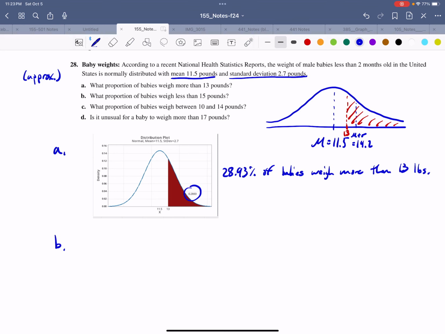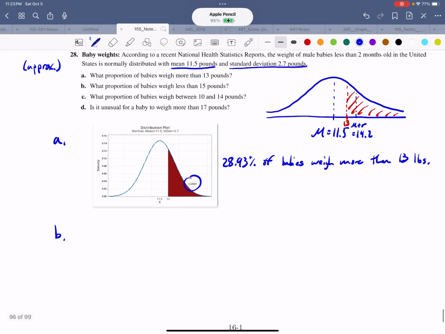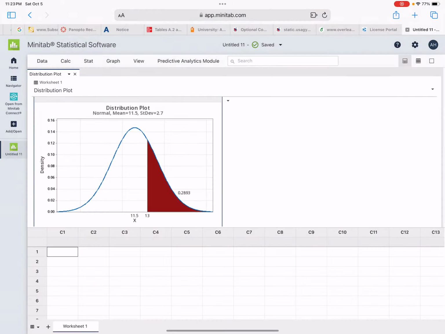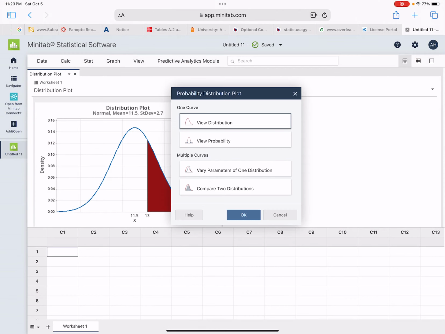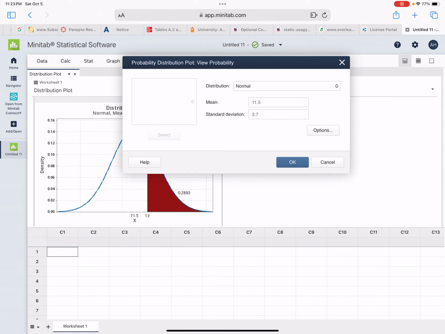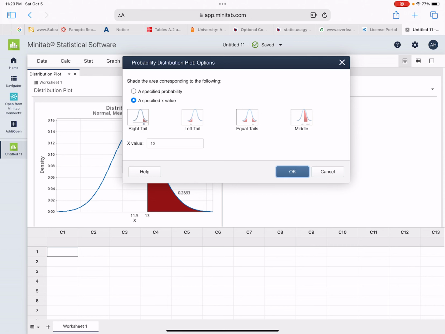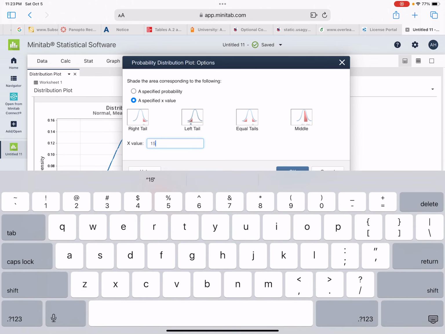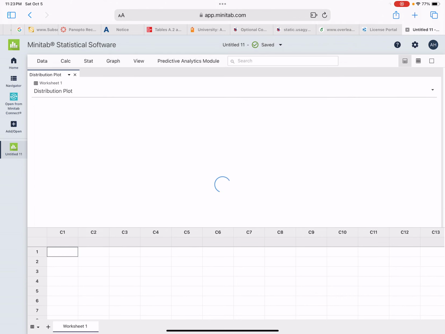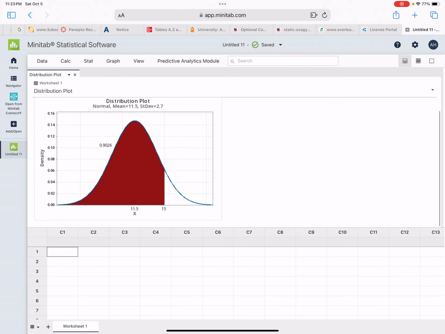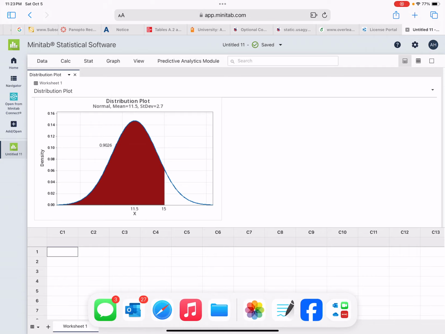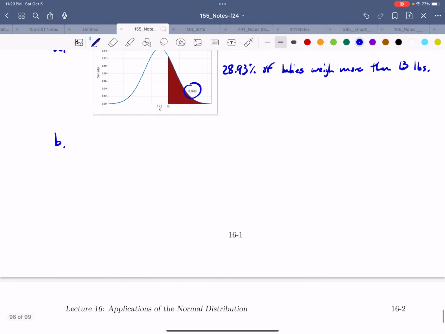All right, so use the exact same approach for part B. What proportion weigh less than 15 pounds? Well, again, we just go back to Minitab and do the same thing. Graph, probability distribution plot, view probability, keep that the same, but we're doing left tail, and we're doing 15. All right, so about 90%. I'm not going to bother copy and pasting the picture.